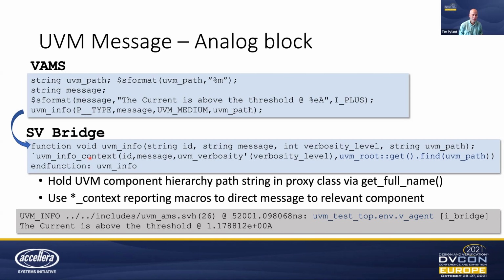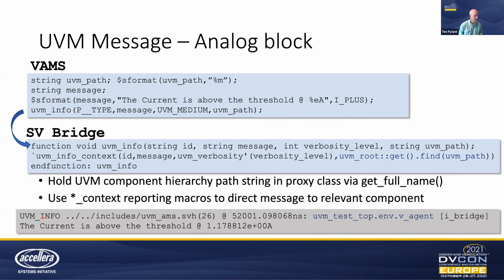And this works just like UVM info, except you can pass in the context of where that's working. And that's how we pass in the actual path of the resource. Instead of it reporting the bridge, it would report the resource. So very simple. It just adds this additional argument for UVM info, and now you can use UVM info down inside your analog resource in the VAMS model.